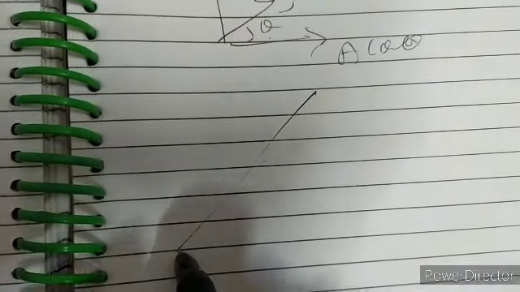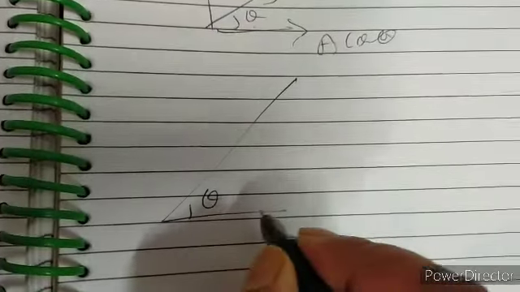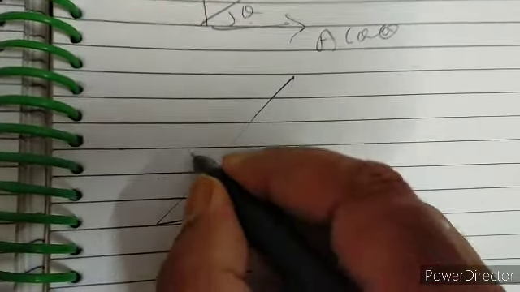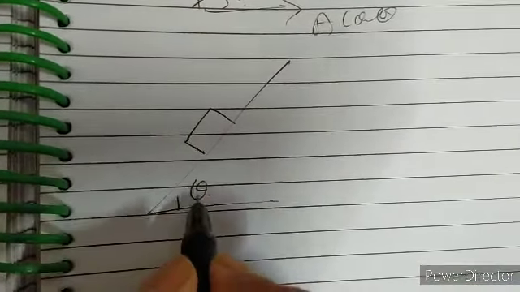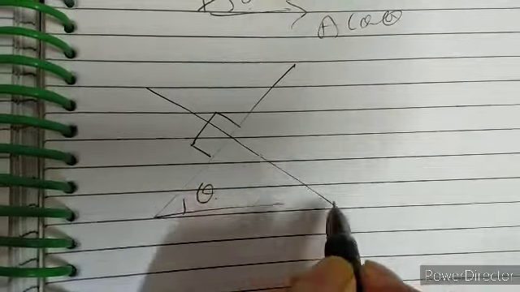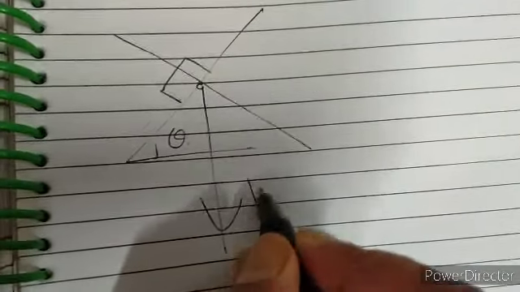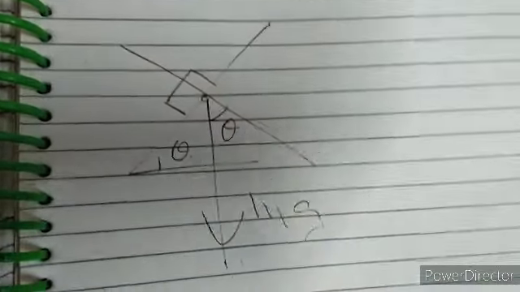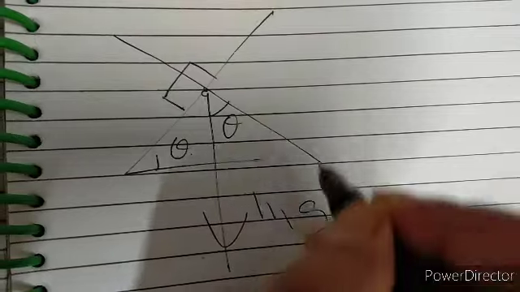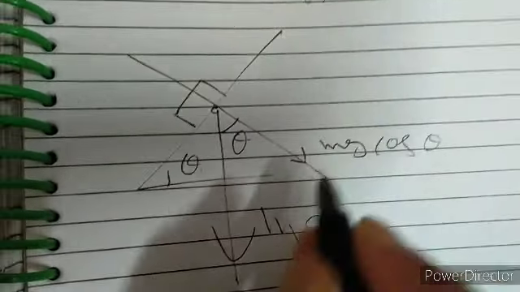For an inclined plane, suppose this is an inclined plane making angle theta with the horizontal, and on the inclined plane there is an object. Draw a vertical line downwards from this point; the weight is mg. This angle is theta, and this angle will also be theta from the geometry. Then the component of mg in this direction is mg cos theta.